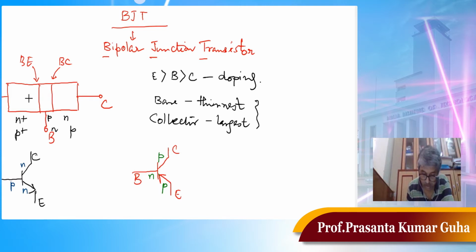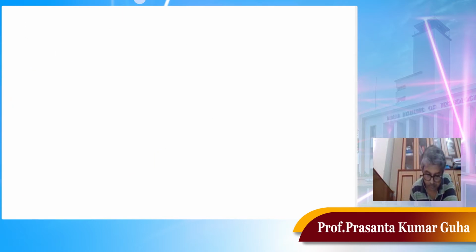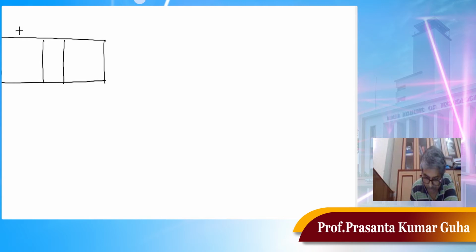So if it is like NPN BJT, then you see in the two junctions there will be two back-to-back diodes like this, because this is one PN junction and this is another PN junction.